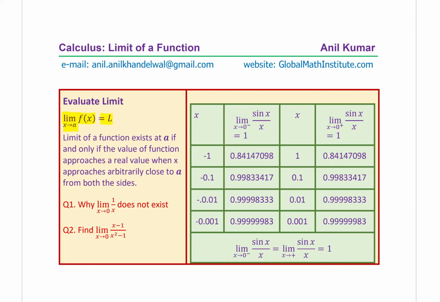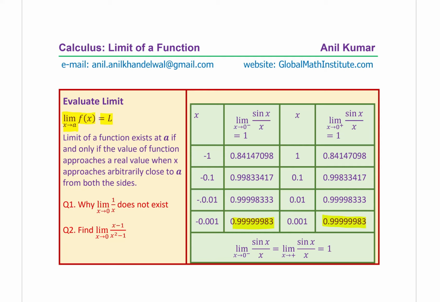Just as we did earlier in lesson 1 for e, here let's do it for the trigonometric function. Beginning with minus 1, getting closer to 0, getting to minus 0.001, when you put the values, what do you get? You get very, very close to 1 itself, 0.999999. And that happens from both sides.